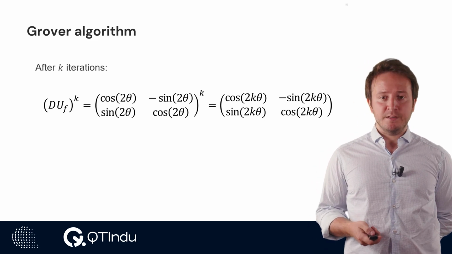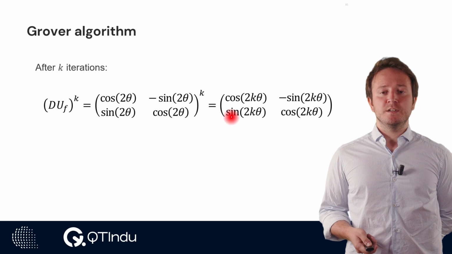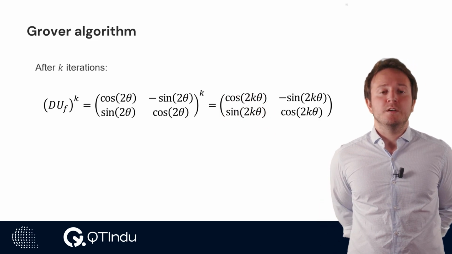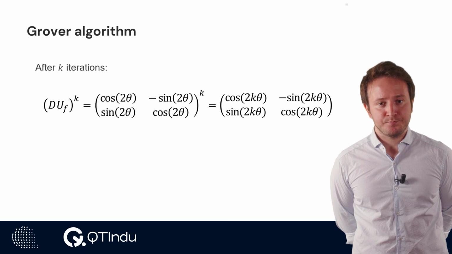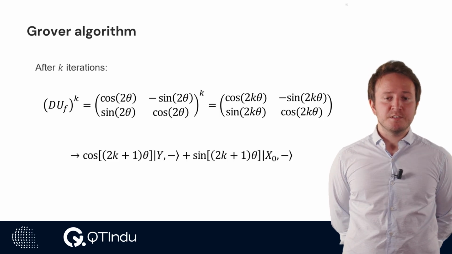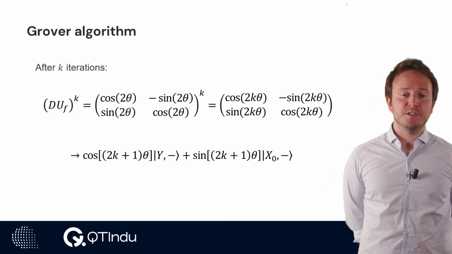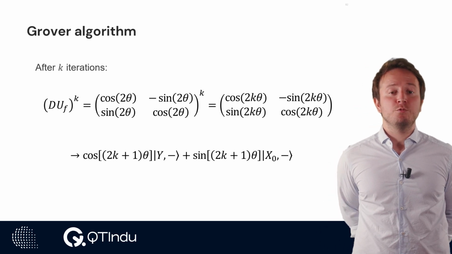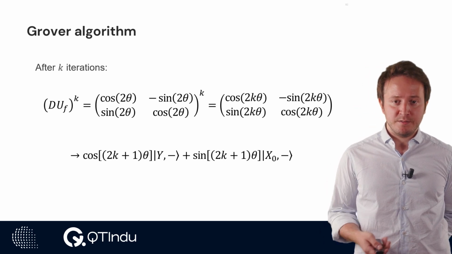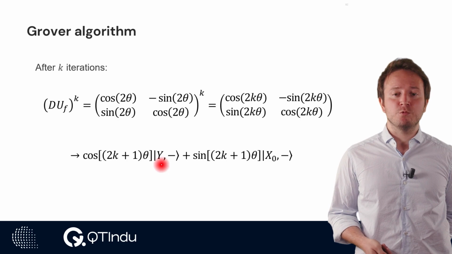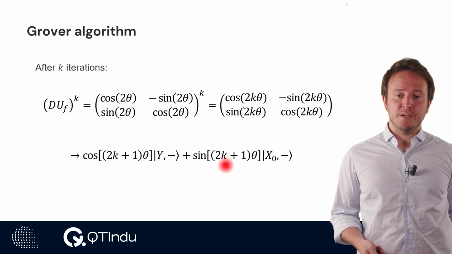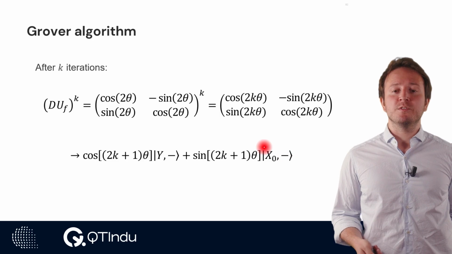And what we get at the end is a rotation of 2k theta of the initial state. This means that the final state after k iterations of the Grover algorithm will be the cosine of 2k plus 1 theta times the unwanted state vector y plus sine of 2k plus 1 theta times the wanted string x0.